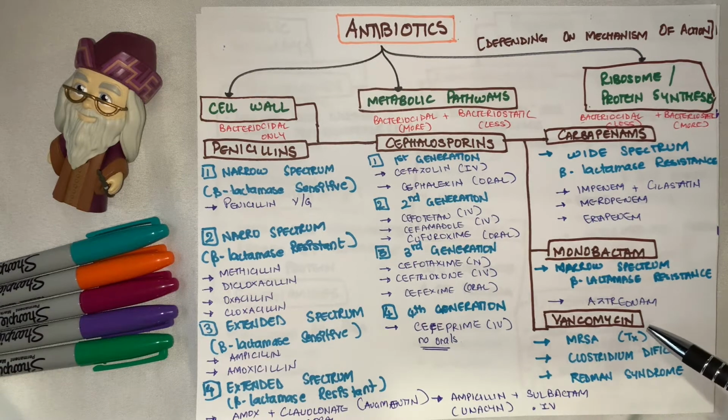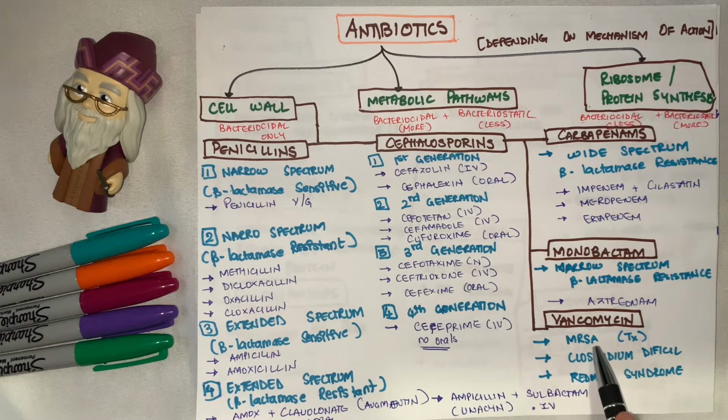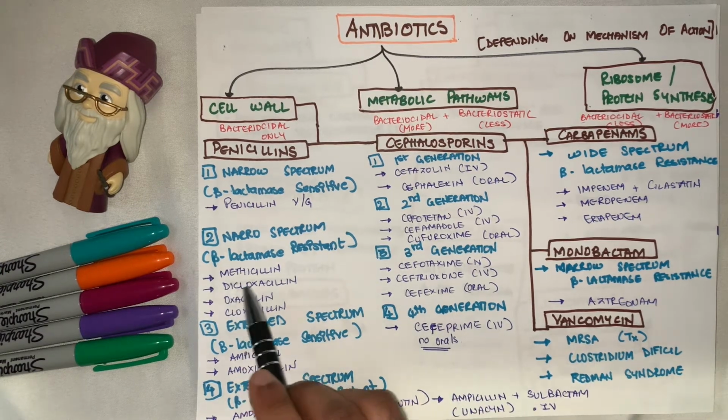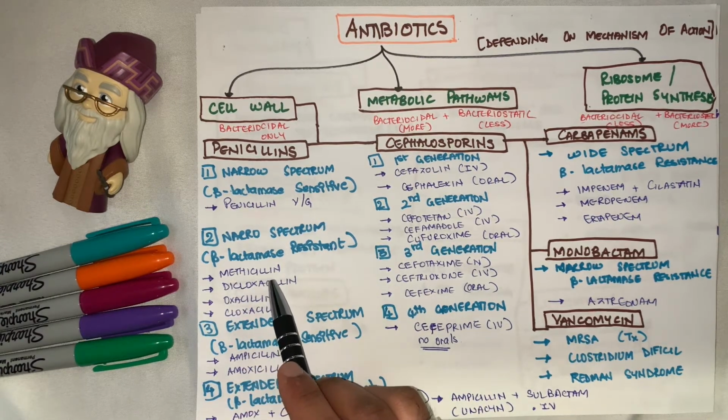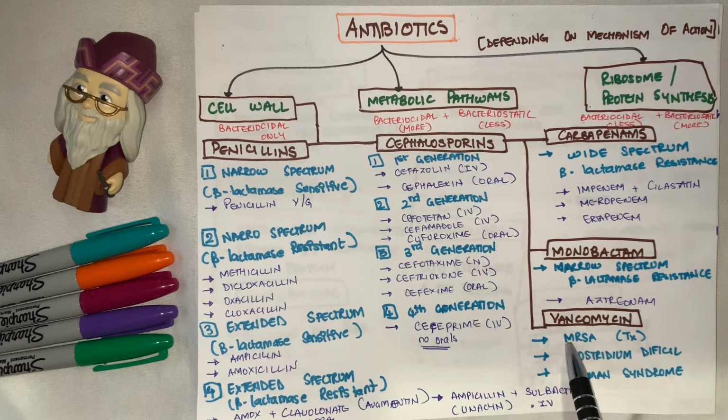Now vancomycin is a very unique drug. It's very strong. It is used under MRSA. What is MRSA? It is defined as methicillin-resistant Staphylococcus aureus. See, a Staphylococcus infection specifically can be treated with a drug called methicillin that we looked at earlier. But what if that Staphylococcus aureus evolved and became resistant to methicillin?